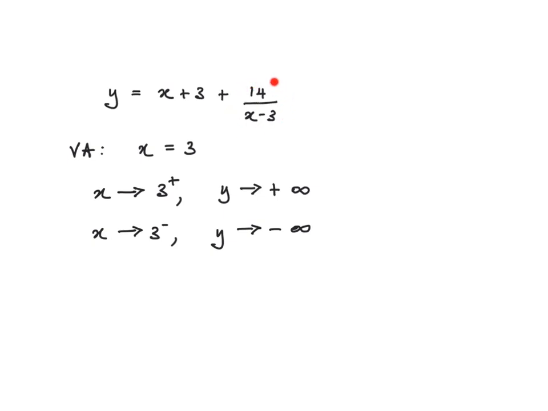It's so large that it dominates this, which is to say we're tending to negative infinity. If I draw in my vertical asymptote at x equals 3, so to the right of 3 we've got a very large positive value of y, and to the left of 3 you've got a very large negative value of y.